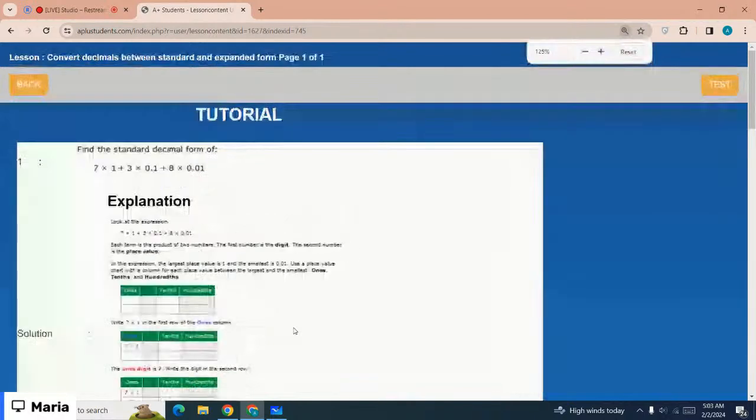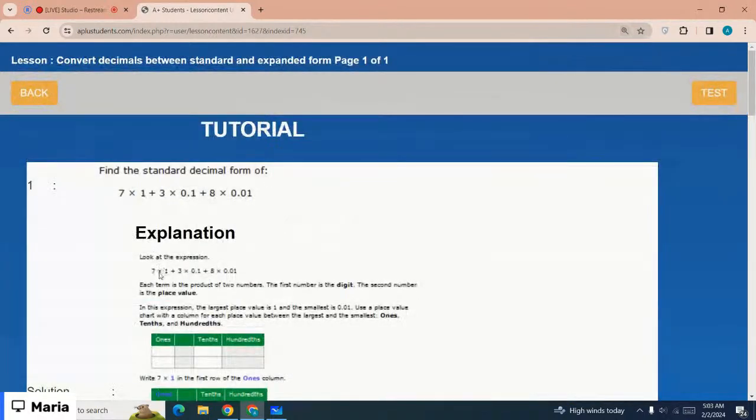Look at this expression, 7 times 1 plus 3 times 0.1 and 8 times 0.01. Basically, the 1, 0.1 and 0.01 tell you the place of these digits, where you have to put these digits.